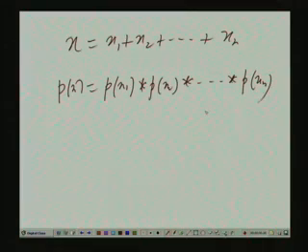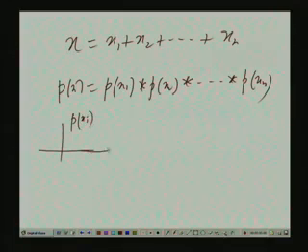Now, if it so happens that out of these n random variables, many of them are not significant, in the sense that they are localized, they are like impulses, like maybe p x i is an impulse.